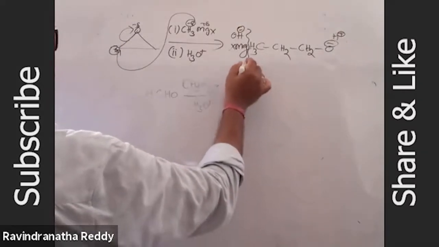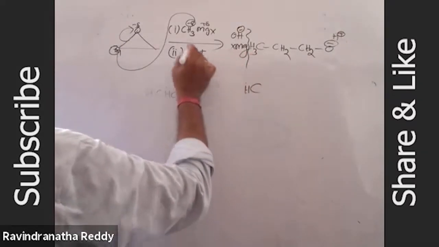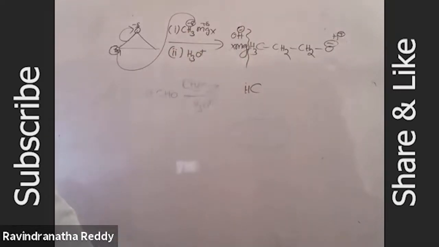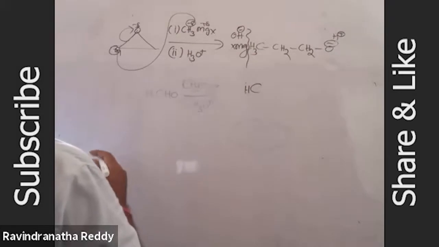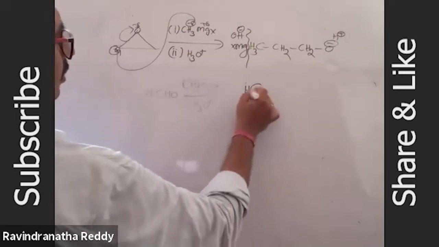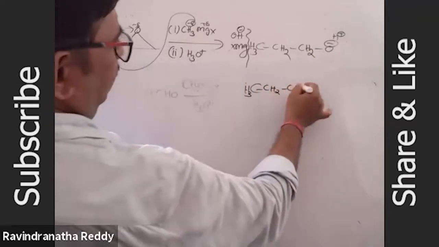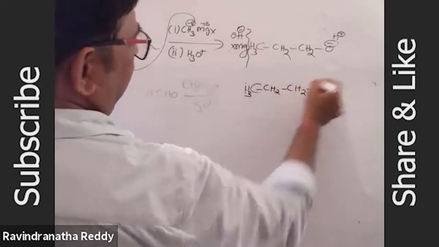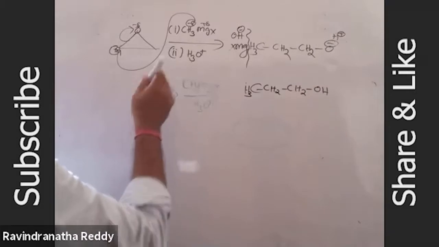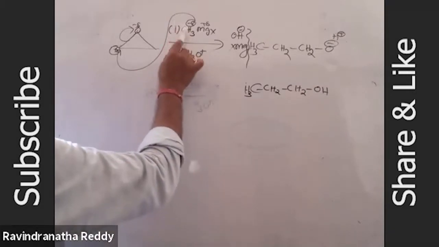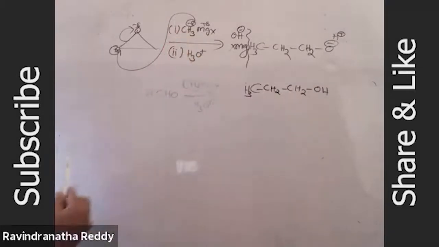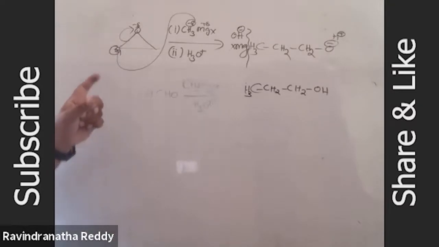This one is CH3, right? Check that one. Which compound are you getting? CH3CH2CH2OH. So compared to this compound, two carbons are more.